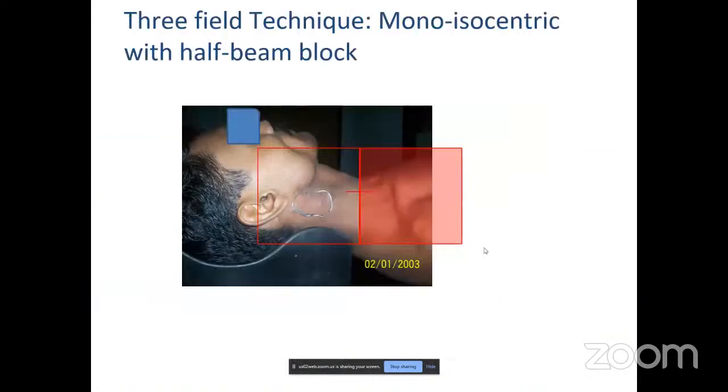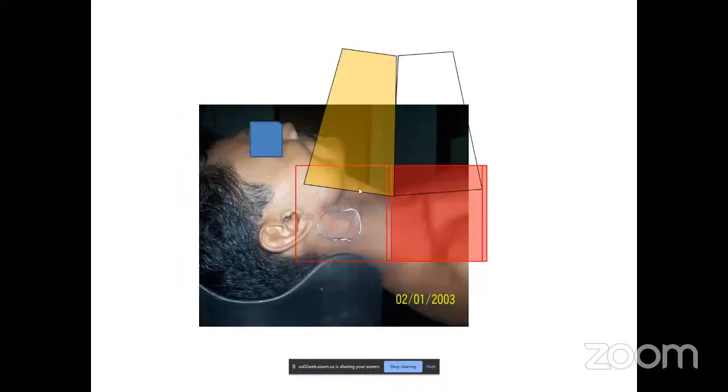There is another way of doing this, that is the monoisocentric way, where you can place your center at the junction. If you place the center at the junction, there will be no divergence at the center, so there will be no overlap of your beams. And likewise the lower neck is also treated by blocking the upper part.